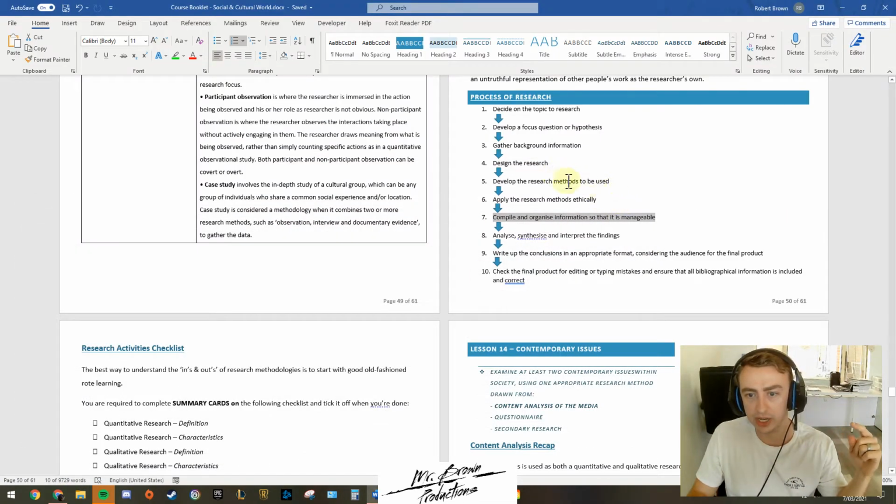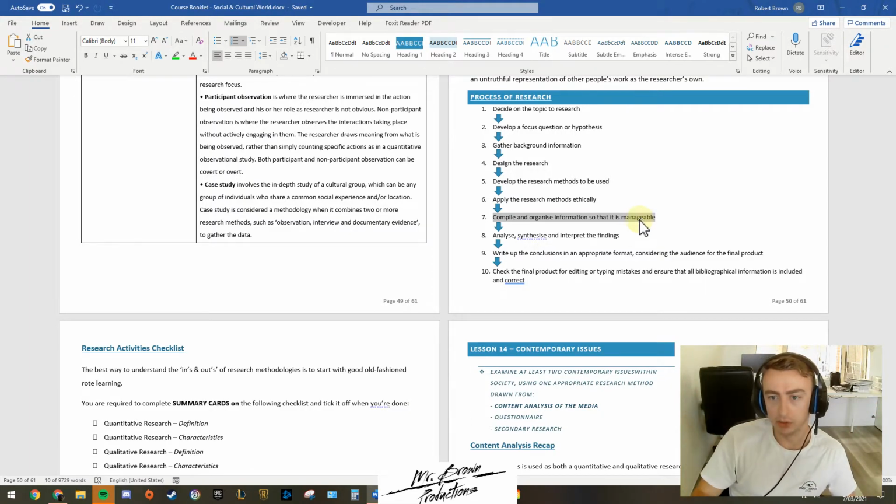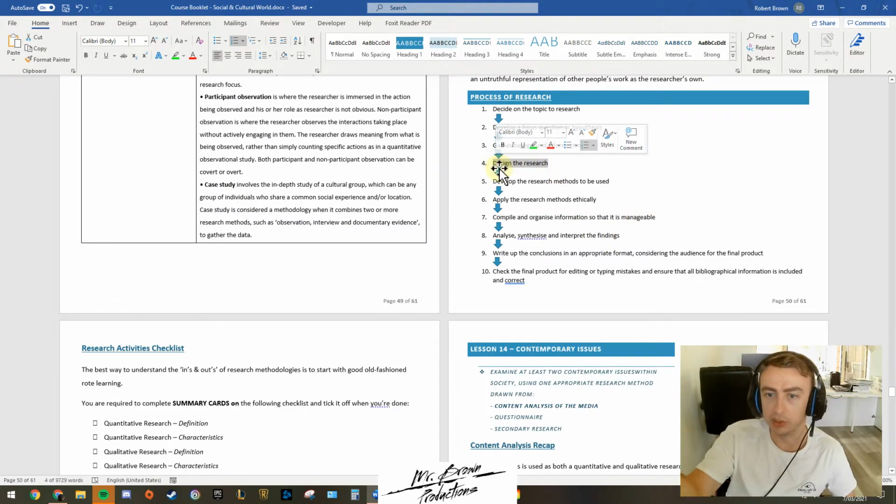What you want to do now is compile and organize that information so it's manageable. You might look at your questionnaire data and 80% of it might not be useful or relevant to you, and that's fine, that will happen. So you cut that out, and essentially you're refining all those areas under all the dot points that you made in your design the research stage.